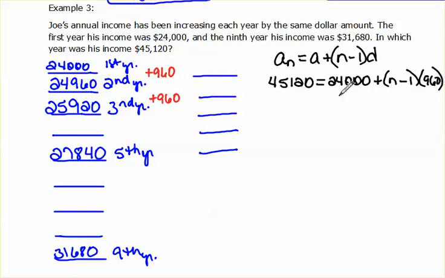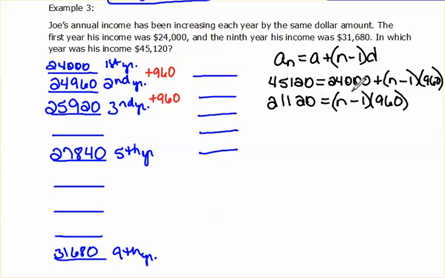Okay, so now all we have to do is solve this for n, and that will tell us which term it is, which is how many years. So if I take the 45,120 and I subtract off 24,000, then that would be 21,120 equals n minus 1 times d, which is 960.